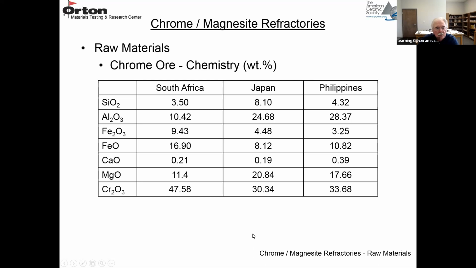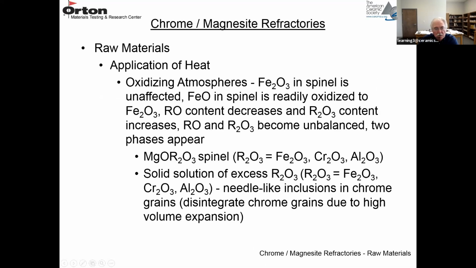So when you apply heat and you increase the temperature, and if it's an oxidizing atmosphere, if there's excess oxygen, Fe2O3 is the stable form. FeO will oxidize with excess oxygen and go to Fe2O3. So the Fe2O3 in the spinel phase is unaffected, but the FeO in the spinel phase is oxidized to Fe2O3.